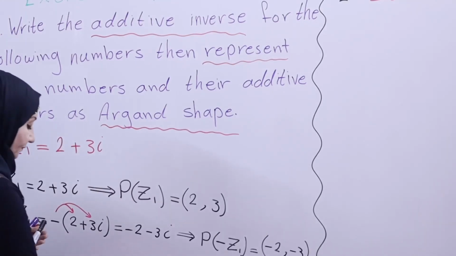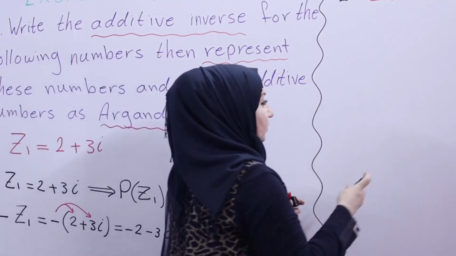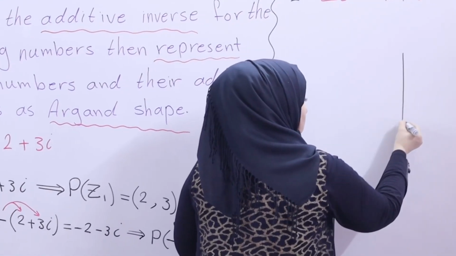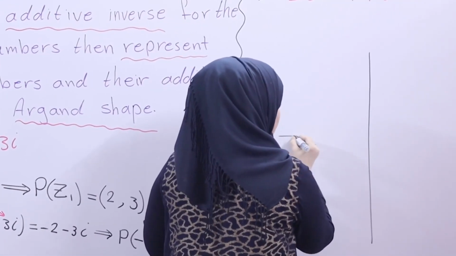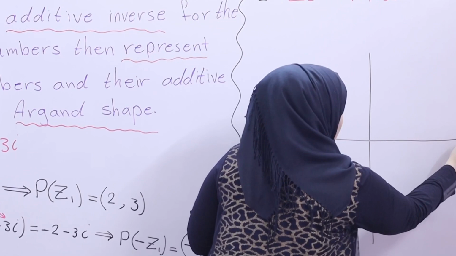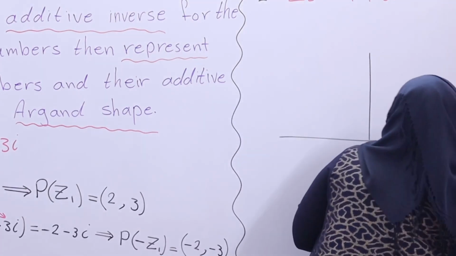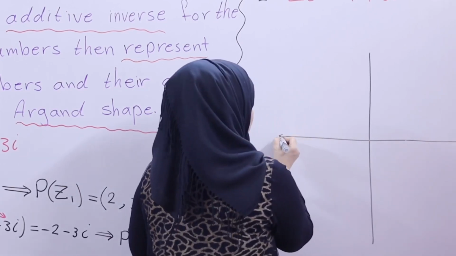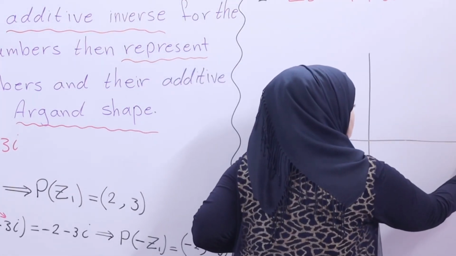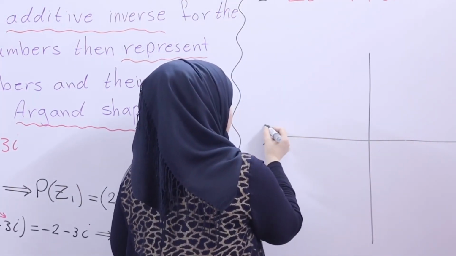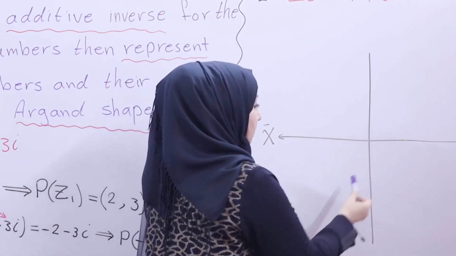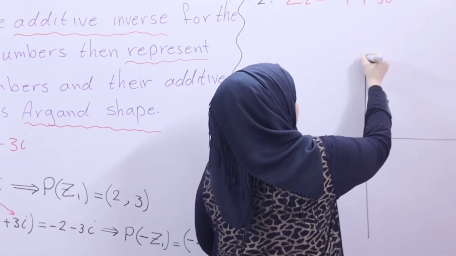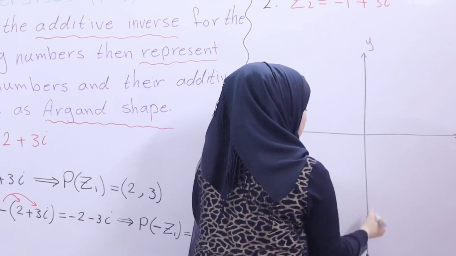So we will draw the two axes. The vertical axis and the horizontal axis. The horizontal axis will be x axis, and the vertical axis will be y axis.